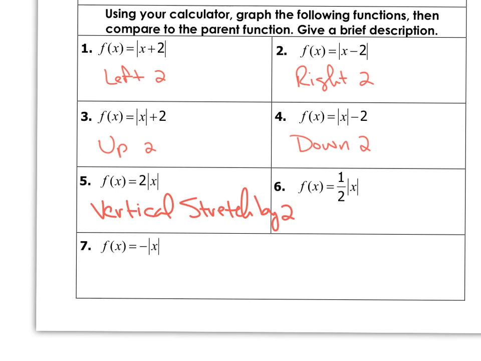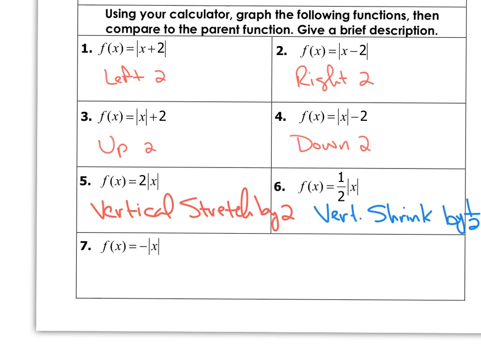For number 6, it has a vertical compression, or sometimes people say it is not a stretch but a shrink. You could say either way, but a vertical shrink or vertical compression would work. You would say that this happened by 1/2, and it's because of that 1/2 out in front.